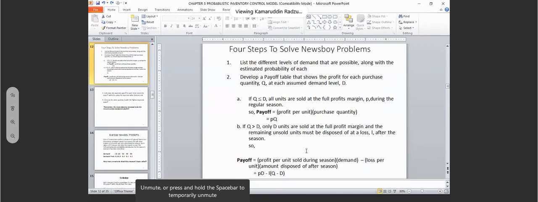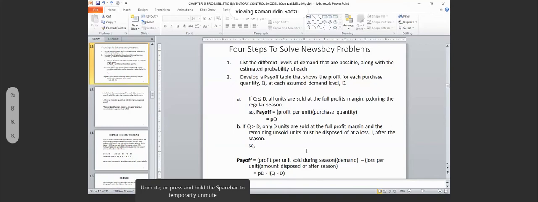We stop our online class today, finishing at the marginal analysis model, and we will continue our discussion on the newsboy problem in the next class, this coming Thursday.